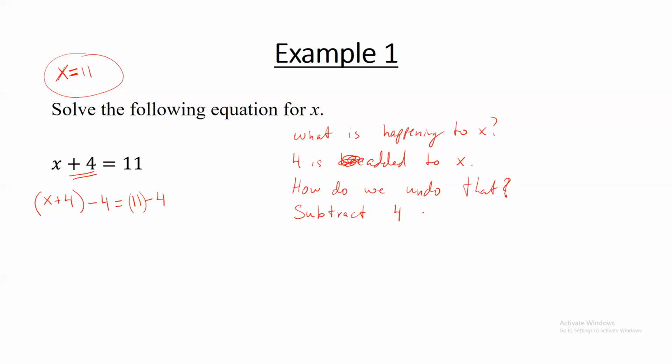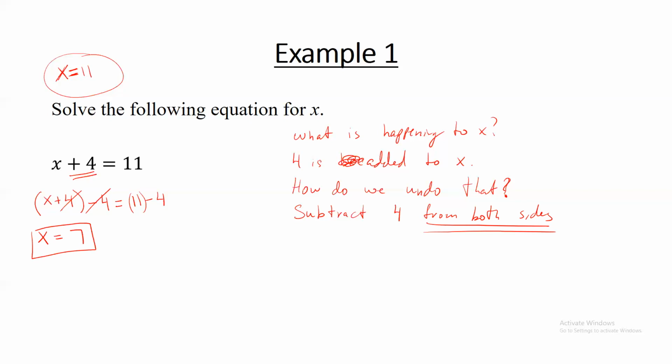We subtract 4, and it's always from both sides of the equation. Now, adding and subtracting 4, of course, cancels each other out, leaving you with x, and 11 minus 4 is 7. There is our answer. X equals 7.